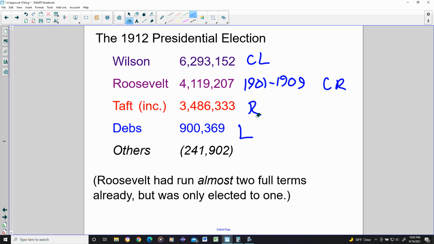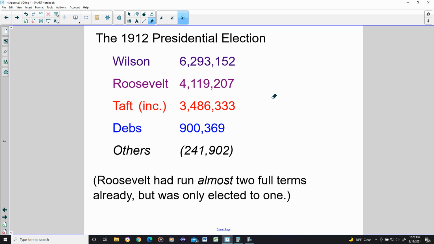This election would be the last election in which a Democrat or Republican finished less than second place. So this is the last time that Democrats or Republicans would finish in third or beyond place, which is very interesting. Now, one thing to keep in mind with this election, which I haven't given here, is the electoral vote breakdown.